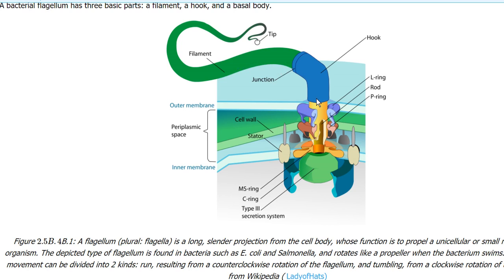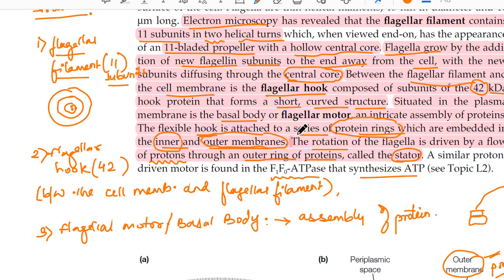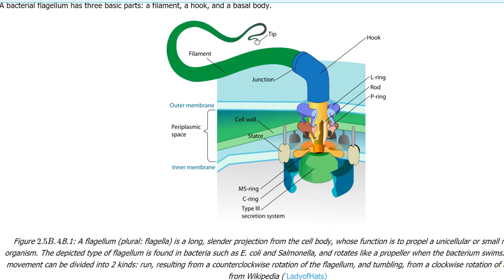After that is the basal body. The third one is the basal body or the flagellar motor. It is an intricate assembly of proteins, and the flexible hook is attached to a series of protein rings, and these rings are embedded in both the membranes. You can see here that this flexible hook is attached to the series of protein rings, the L ring and the P ring.